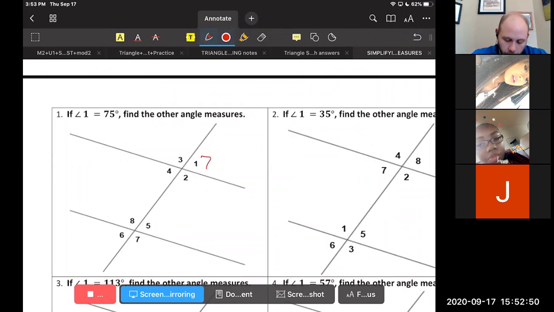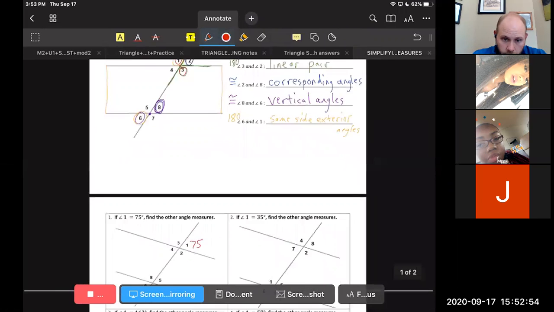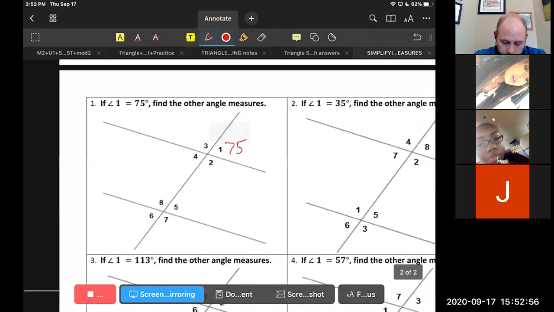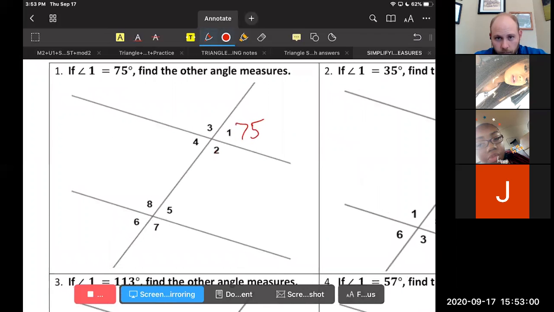Now, based on what we know from up here, what other angle is 75 degrees? What do we think? Think vertical angles.